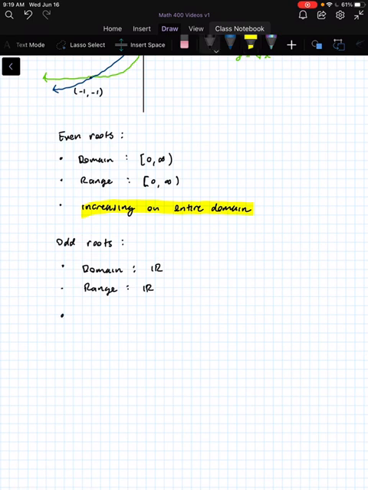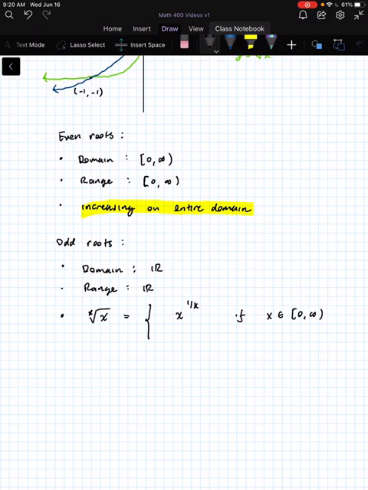And one odd bit about writing odd roots, and this may be more helpful if you're trying to use Desmos, for instance. You may need to write the kth root of x as a piecewise function where you explicitly define the right half as x raised to the 1 over k power. But the left half is weird.